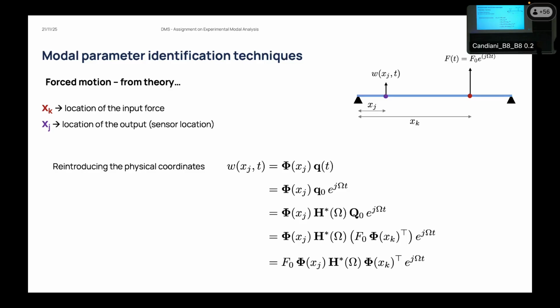You have a transpose here, and then you have e to the i capital Omega t. If we rearrange those terms, we can write it as first f0, that is a constant value, a scalar quantity, times phi of xj times H star, that is the matrix of the frequency response function, times phi of xk transposed times e to the i capital Omega t.